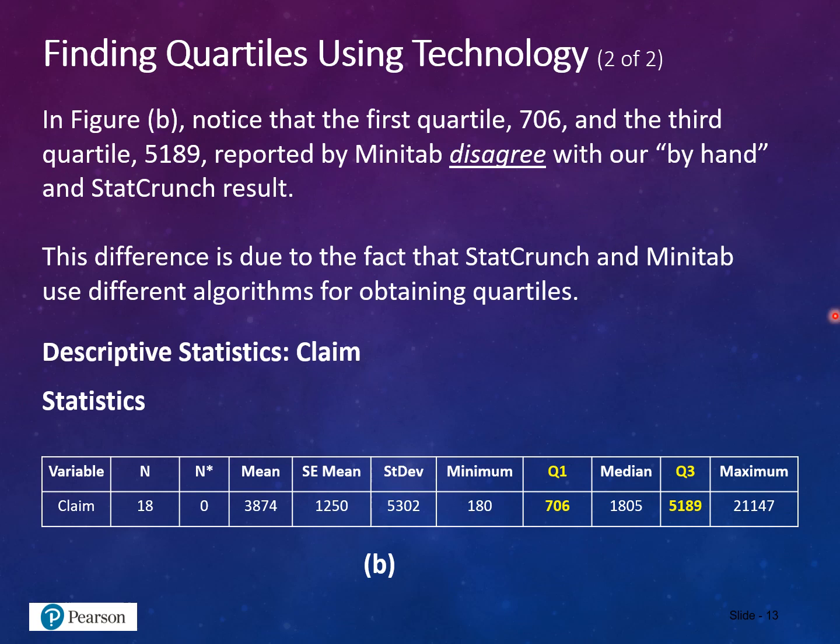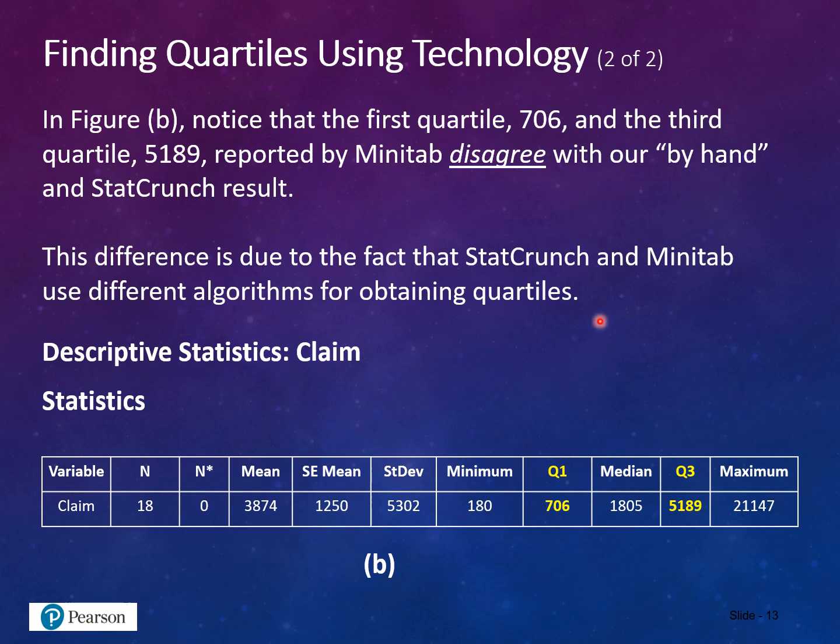So here what we're looking at is actually how, if we use a different program, specifically Minitab, notice that our quartile 1 and our quartile 3 don't match up with our information that we found by doing it by hand or with StatCrunch.